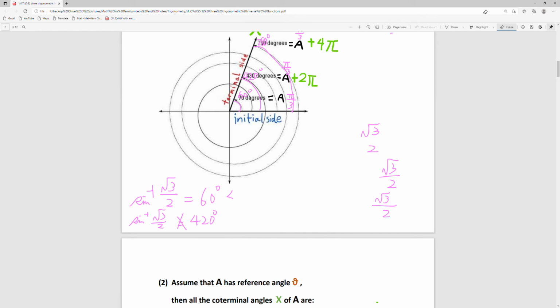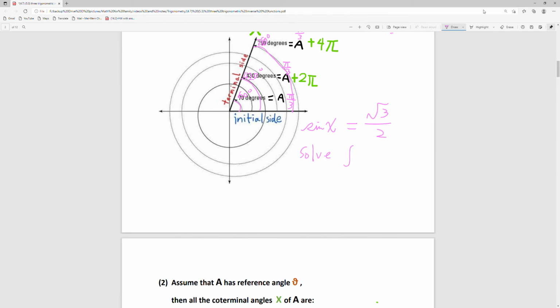So we understand more than one angle input to the sine function can give the same value, square root of 3 over 2. Now, how many solutions does sine x equals square root of 3 over 2 have? For x, you can at least say 60 degrees, 420 degrees, 780 degrees, and you understand there are more, so we say 60 plus or minus 2nπ. We cannot say π; let me change it to π over, we use radians.